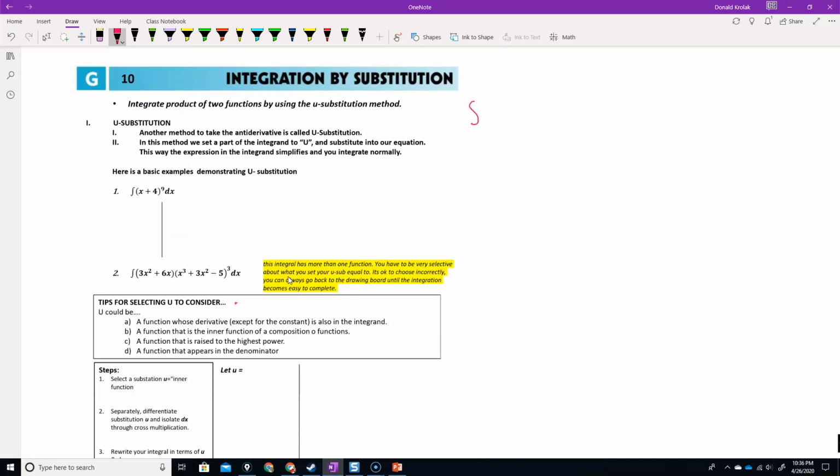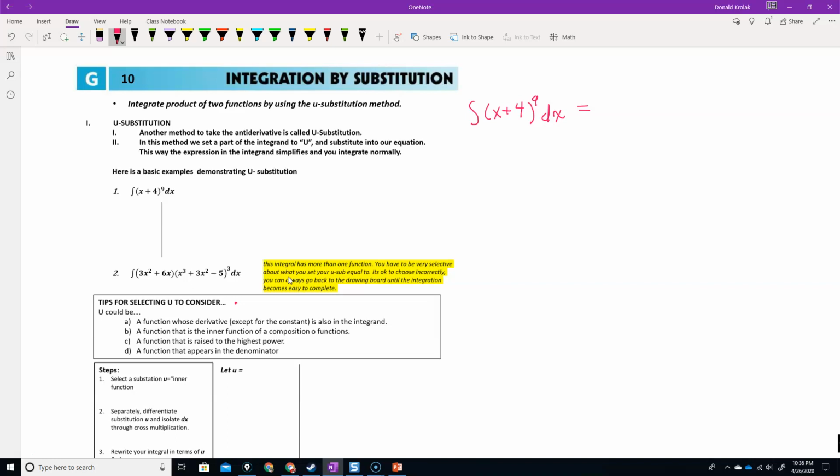So if I was looking at finding the integral of this value, we started off by thinking, what kind of function would have (x plus 4) to the ninth as its derivative?